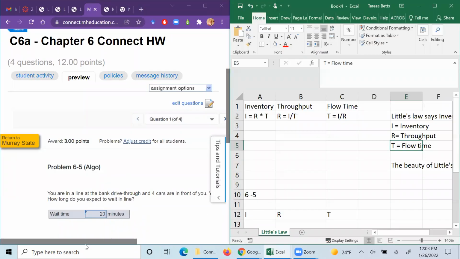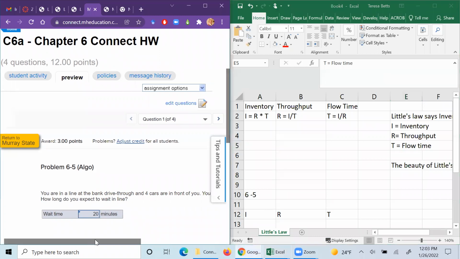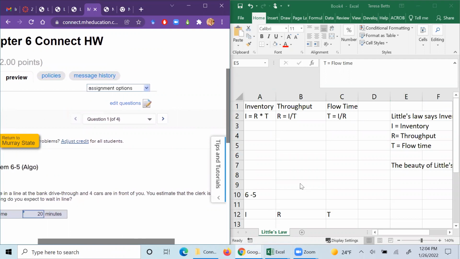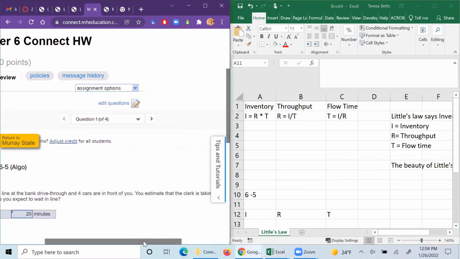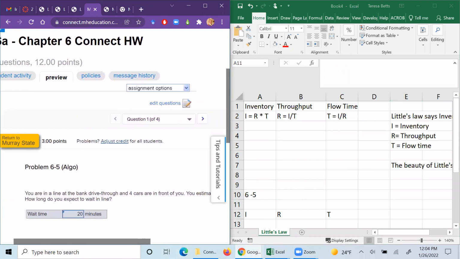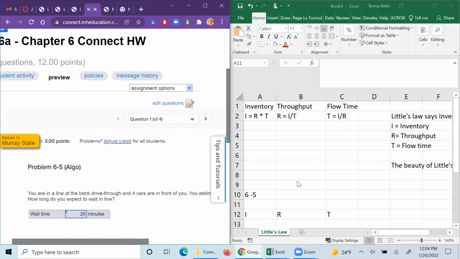All right. So in 6.5, again, you are in line at the bank drive-through and 4 cars are in front of you. You estimate that the clerk is taking about 5 minutes per car. That's a rate, to serve. How long do you expect to wait in line? So we're trying to calculate time.